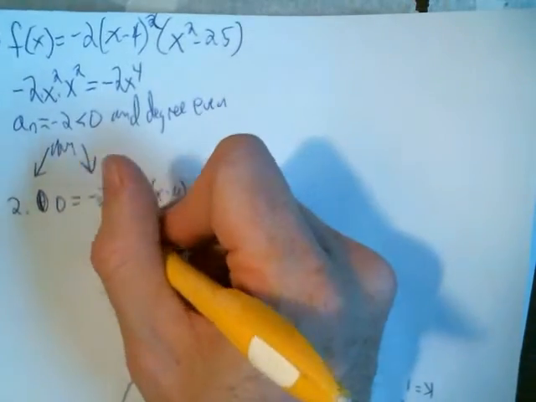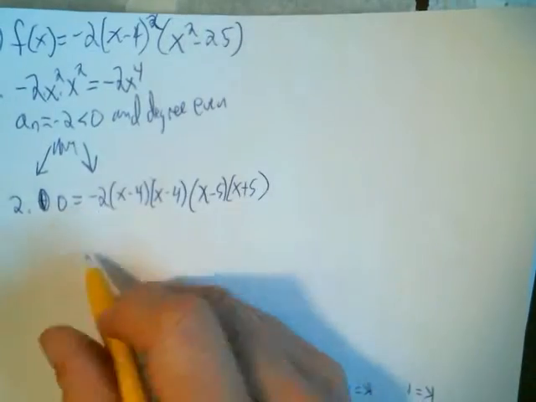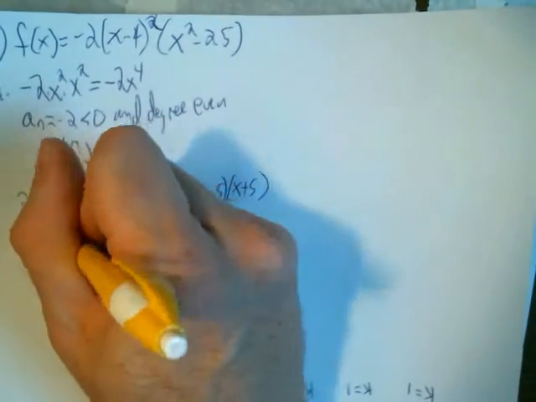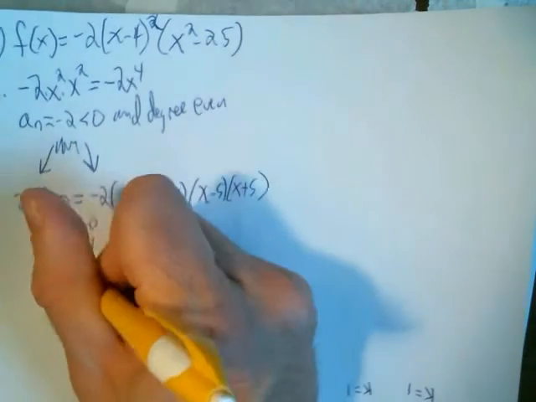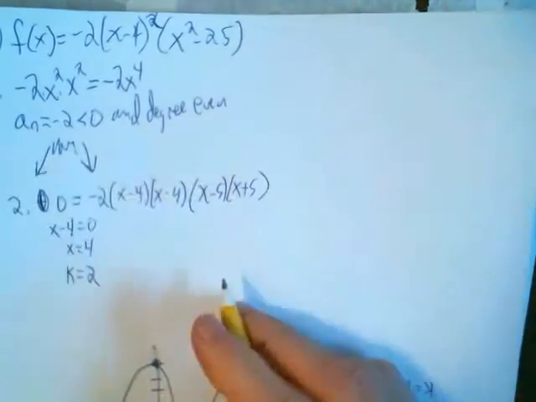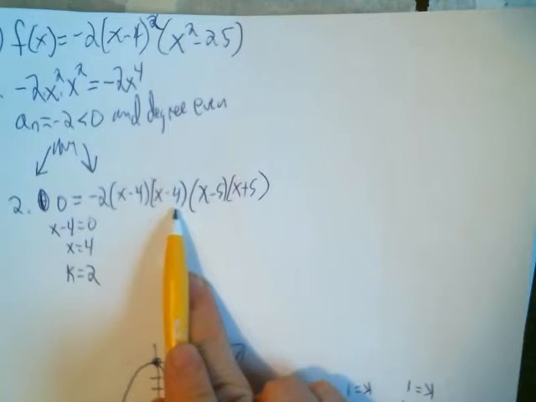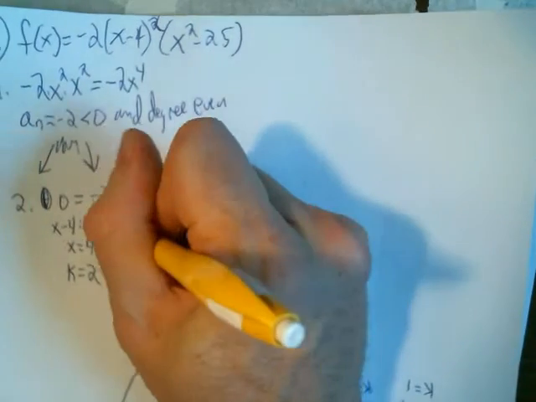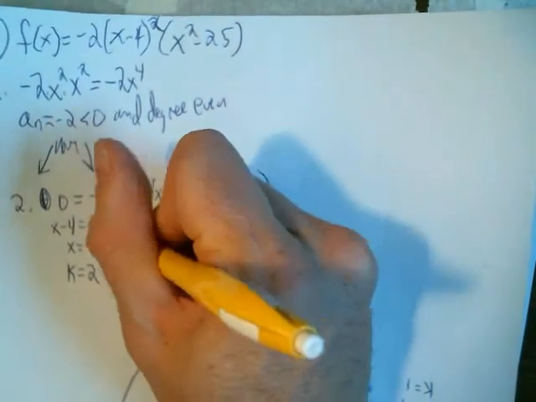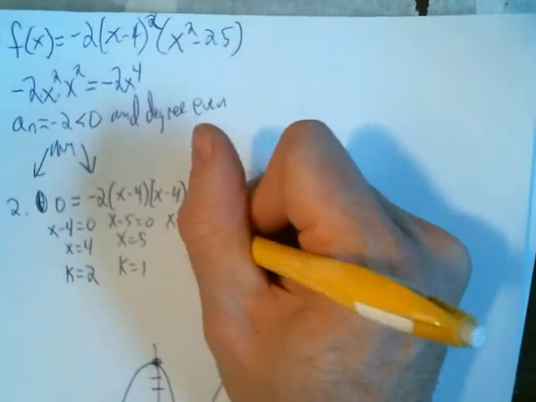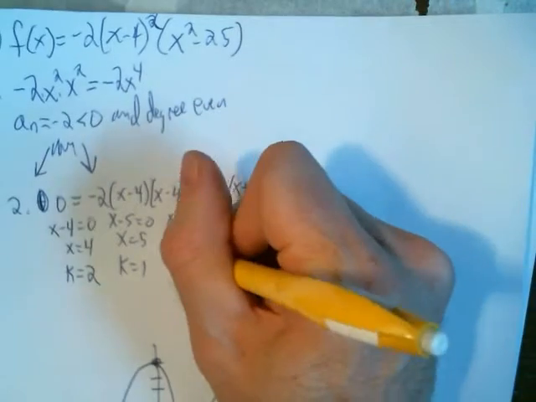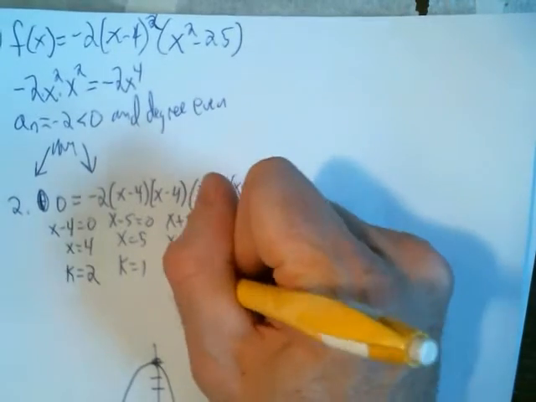So -2 doesn't give you any information, and so you're just looking at x minus 4 equals 0. So x equals 4, but with a multiplicity 2, right? Because there's 1, 2 factors. Then you get the x minus 5 is 0, so x is 5 with multiplicity 1. And then x plus 5 is 0, so x is -5, again with multiplicity 1.